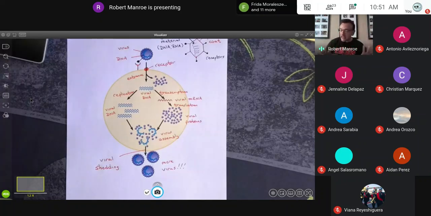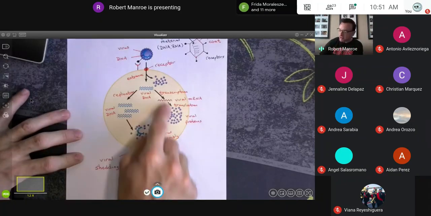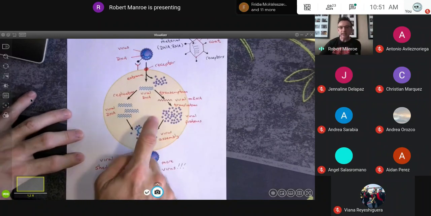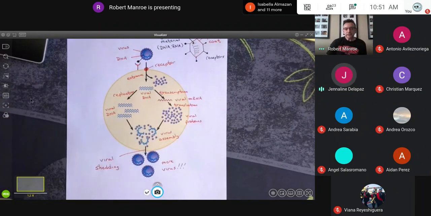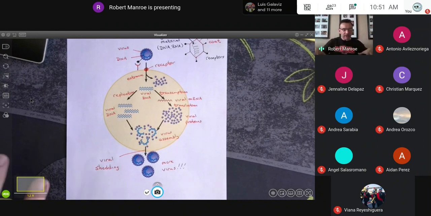And the cell will do this, just shed virus and shed virus and shed virus until, since its own biochemistry is taken over, what eventually happens to this cell? It dies. The cell dies, okay? But not before the cell has replicated millions of viruses. And then the virus lands on the tissue next to it, invades that tissue, and more viral shedding, and then more and more and more.